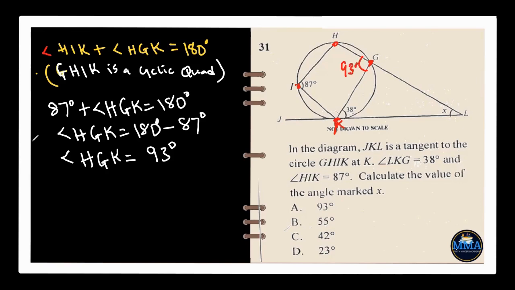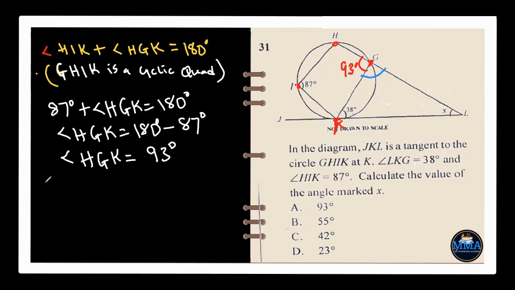Now, again, we proceed. We are going to get this angle marked with blue ink. In that triangle GKL, we need that angle. And remember that HGL is a straight line. So there's a theorem that guides angle on a straight line. The sum of angles on a straight line equals 180 degrees.